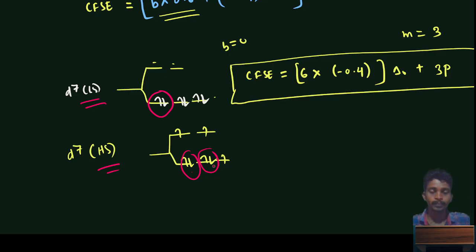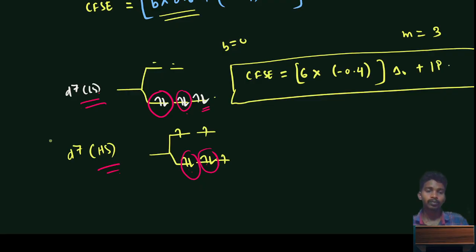Definitely this will be the pair, there is no other way. So only one pair is formed, and for the pairing energy we give only one pairing.